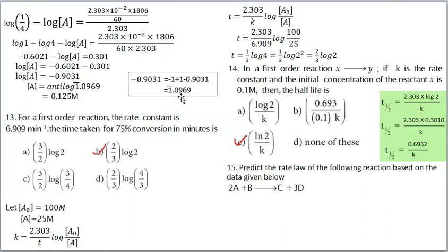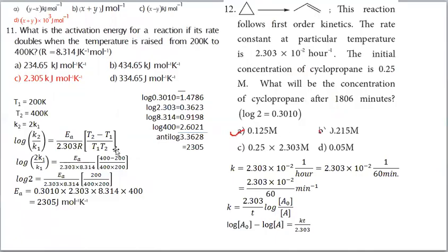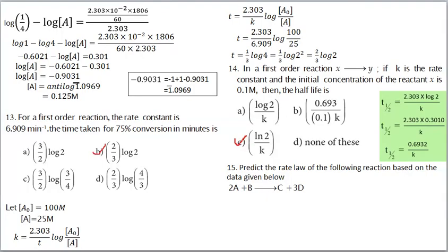So we'll get the positive value 0.0969. So the value becomes bar 1.0969. For this value we can now take the anti-log. We will get 0.125 molarity. So this is the right answer. Option A is the right answer.